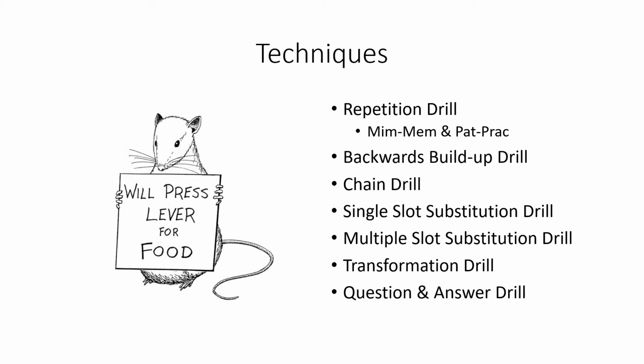Or multiple slot substitution drills where instead of one item being changed, 3 or 4 items are being changed, or 2 items, however many. Transformation drills, question and answer drills. Again, these are all designed to make sure that the student repeats the pattern over and over again.